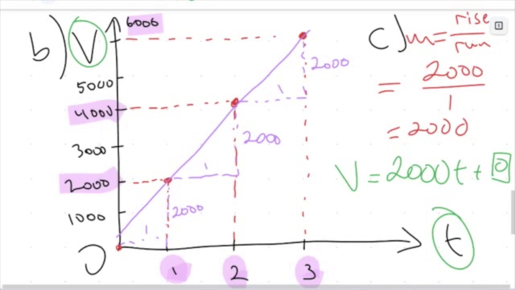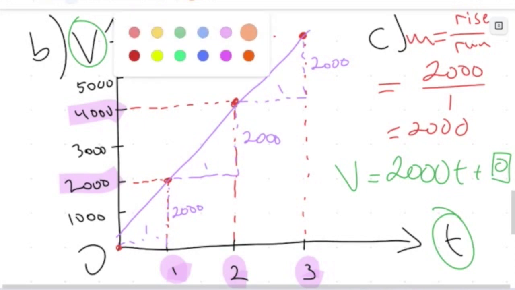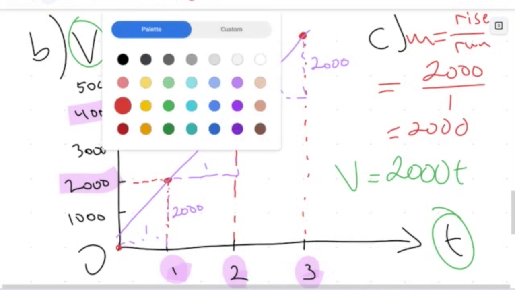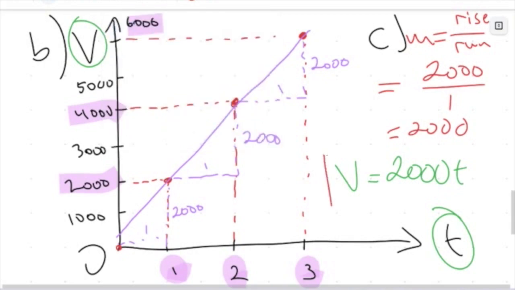We can see this if we look from right to left, for example: I start at 6,000, go down 2,000 to 4,000, go down another 2,000 to 2,000, and go down another 2,000 to 0. So my number here is 0, which we can just rub out. I'm left with a rule for V, which is V equals 2,000t.